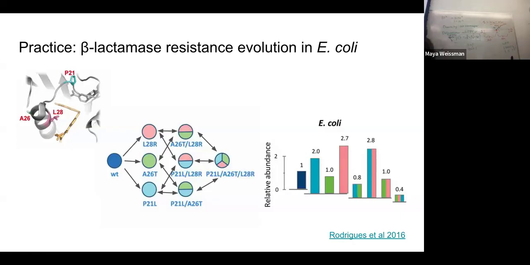So on this particular fitness landscape, what is the global optima? Basing it off of the abundance. Yeah, so use relative abundance as a proxy for fitness.